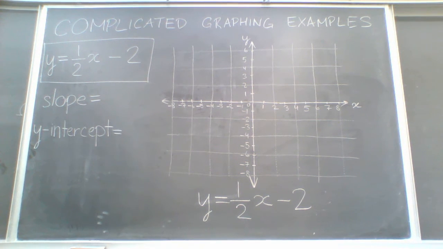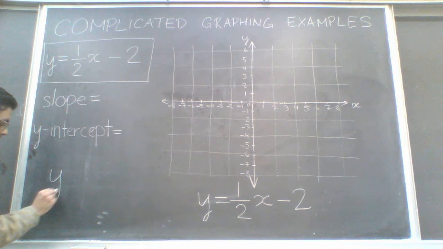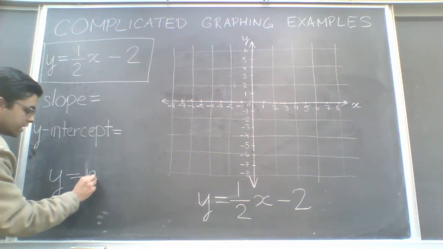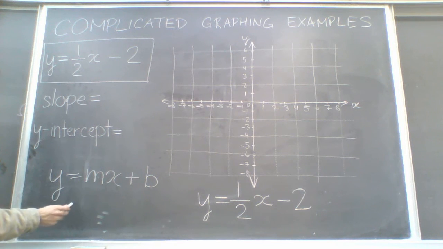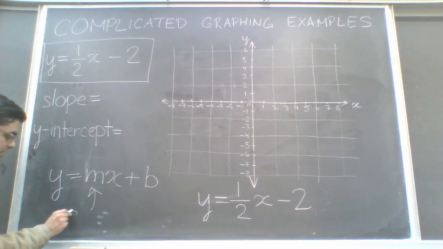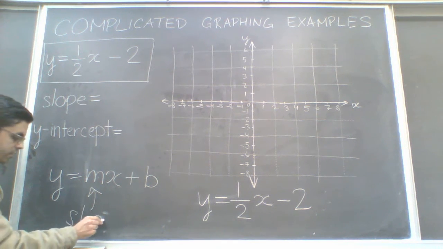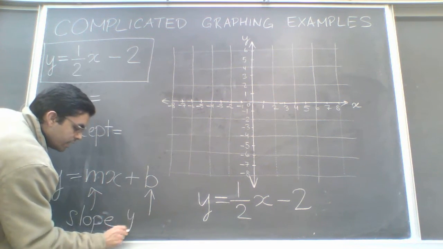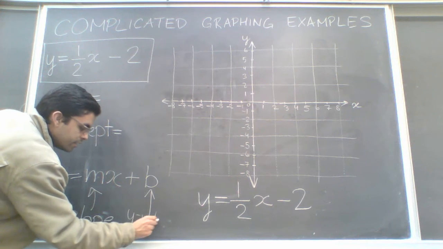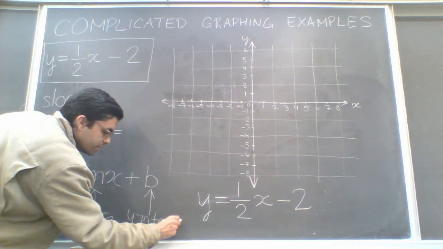Okay, so looking at the equation of a line, we know that normally the equation of a line, if we just write it with the letters, is written as y equals mx plus b, where m right here is the slope, and b over here is the y-intercept.